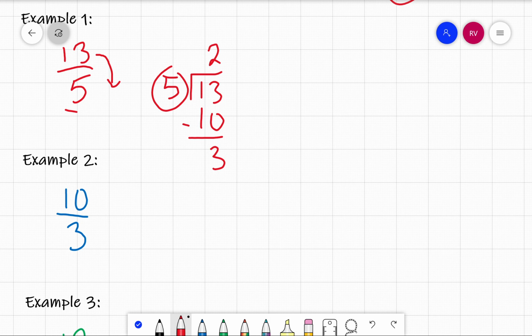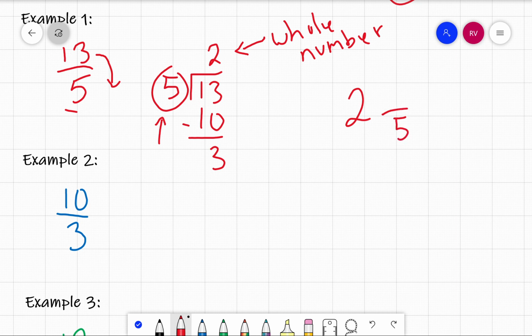Okay, now knowing what to do with this information is now the tricky part. So up here, the answer to the division problem, that is the whole number. Okay, so in our mixed number, the 2 is the whole number. Now our denominator, which I earlier said was the 5, that stays the same. Okay, so we can come over here and write our denominator.